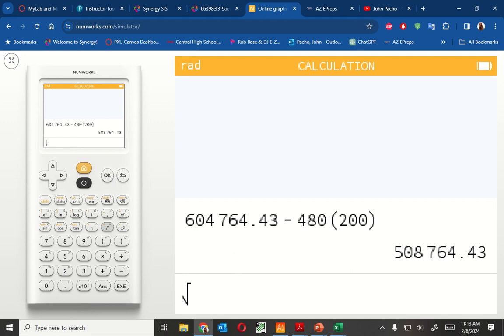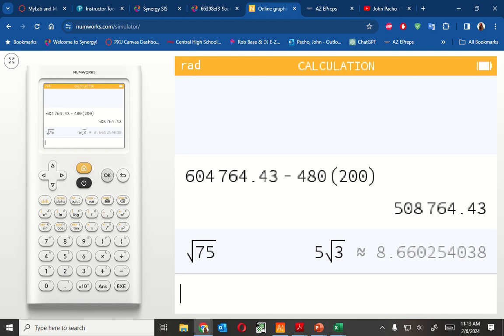So it's the square root right there, and put in my 75. Okay? So my answer is going to be about 8.7, because the second 6 is going to make the other 6 round up. So my answer is going to be about 8.7.